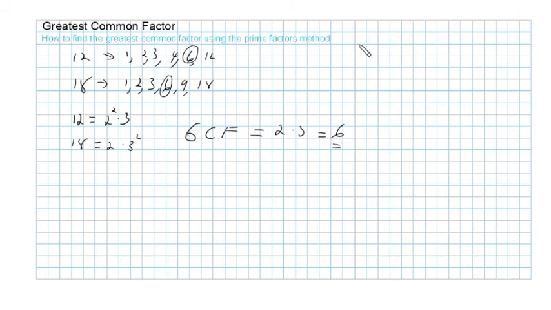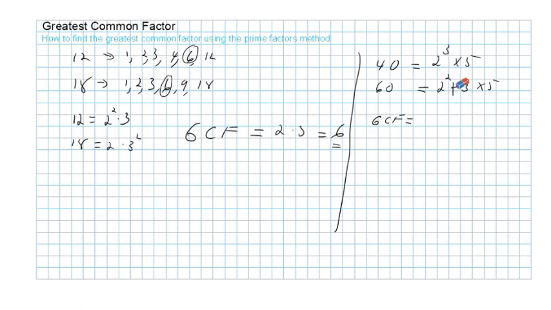Let's do this for another pair of numbers, let's say 60 and 40. The prime factorization of 40 is 2 cubed times 5, and the prime factorization of 60 is 2 squared times 3 times 5. Let's be consistent here. What's going to be the greatest common factor now? Well, the greatest common factor is going to include 2 squared.